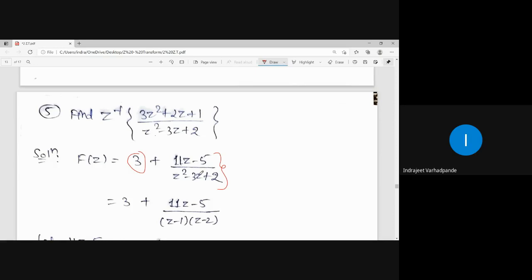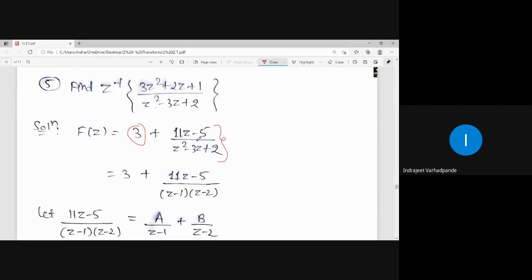Always, do not blindly apply partial fraction method, because to apply partial fraction method degree of numerator should be less than the degree of denominator. So in this case, first I do the polynomial division and then we try to simplify whatever terms are available.